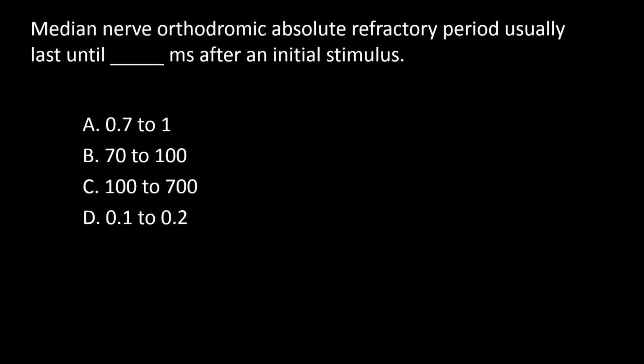Median nerve orthodromic absolute refractory period usually lasts until dash milliseconds after an initial stimulus. A. 0.7 to 1. B. 70 to 100. C. 100 to 700. D. 0.1 to 0.2.